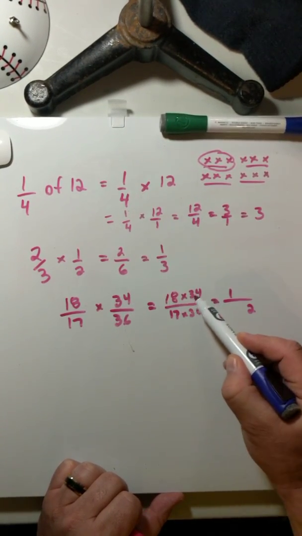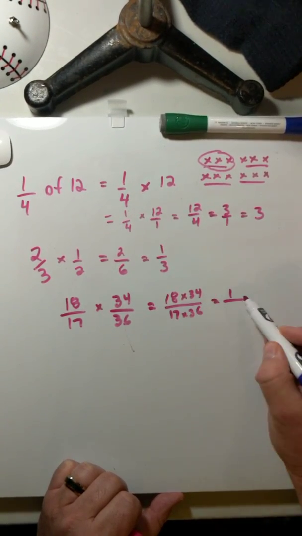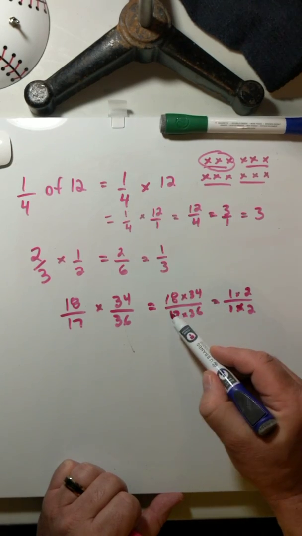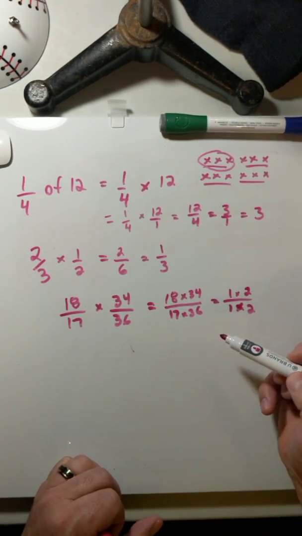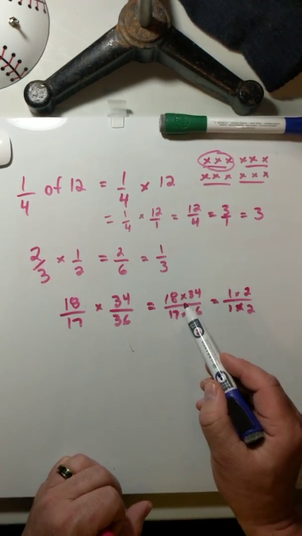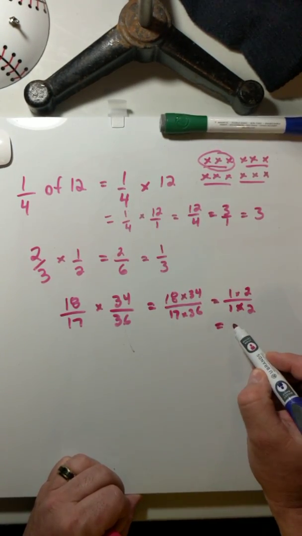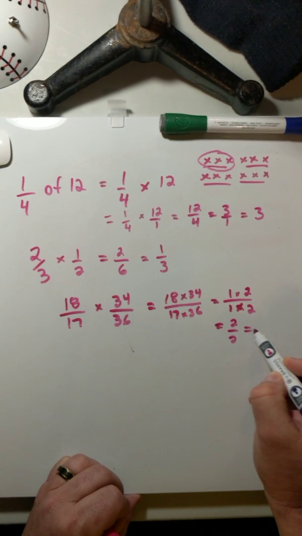And 34 over 17 is the same as 2 over 1. And we could still leave the multiplication there. And all we're doing is reducing a fraction, similar to reducing here. We're just reducing it through a times sign. And so you end up here with getting 2 over 2, which is equal to 1.